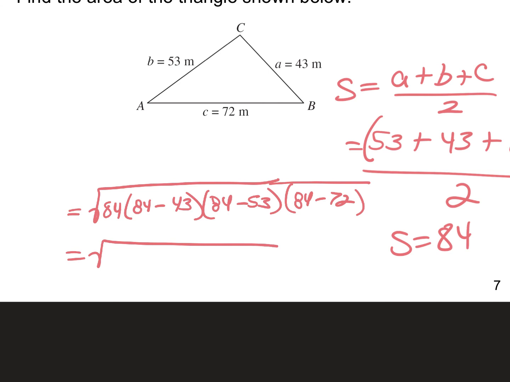If you want to do all of this together, you have to use a lot of parentheses. We're going to go step by step here just so we make sure we calculate everything correctly. What is 84 minus 43? 41. What is 84 minus 53? 31. And then what is 84 minus 72?